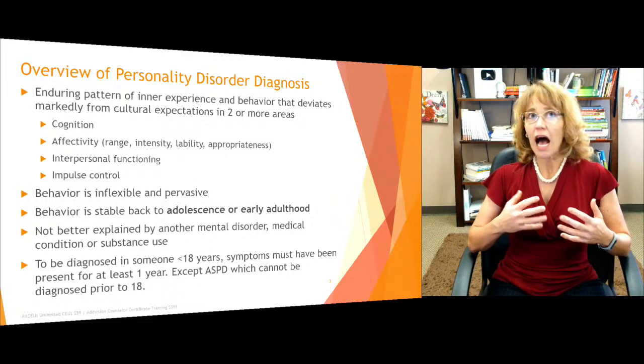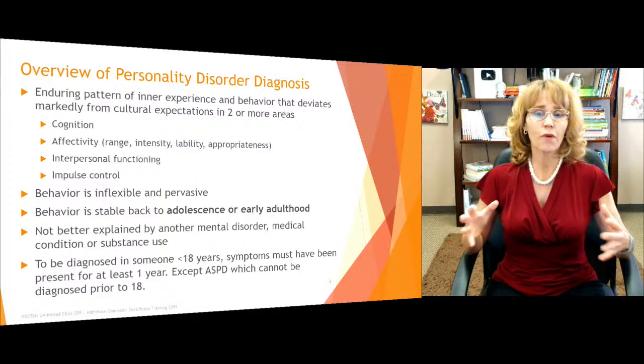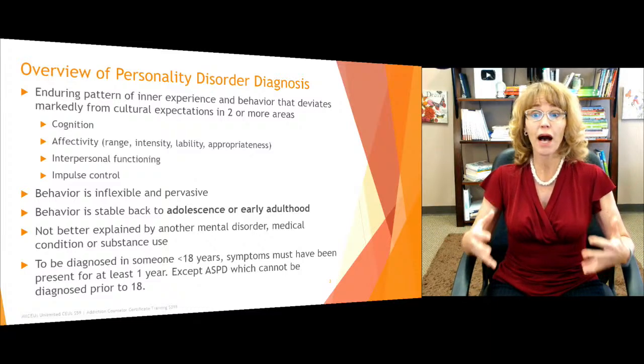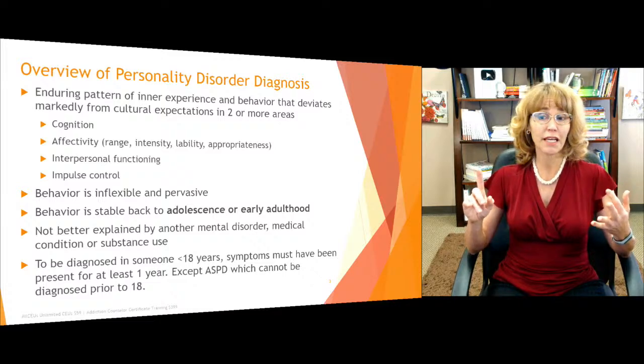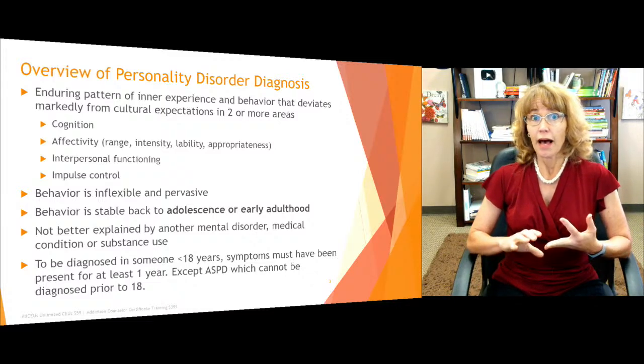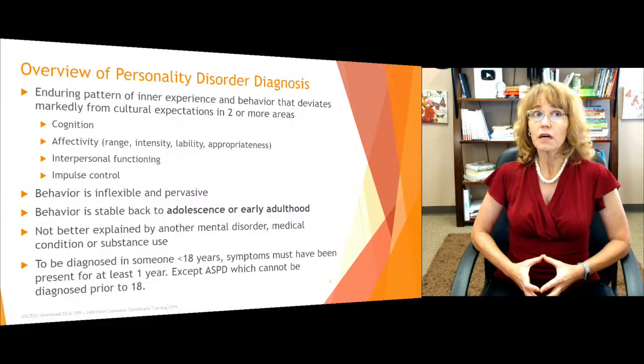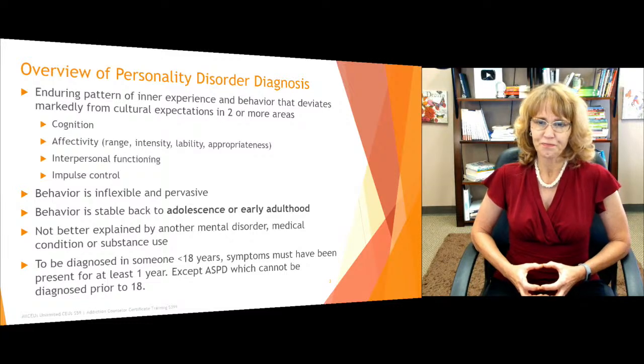So I feel that we really need to look at what's going on. Is it better explained by trauma? Is it better explained by schizophrenia? Is it better explained by head trauma, for example, or the effects of substance use?